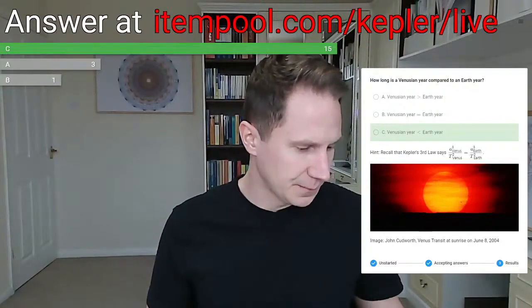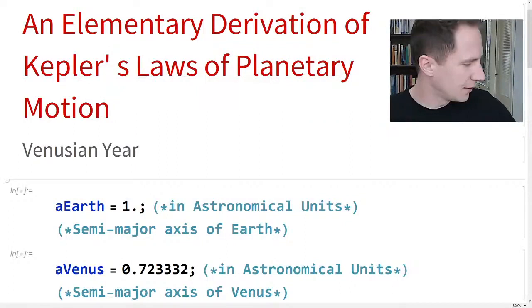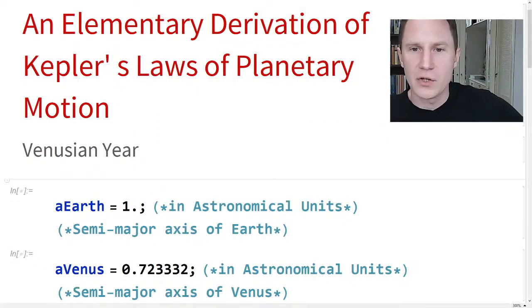So the semi-major axis, the numerator, is going to be a smaller number for Venus. So in order to get the same fraction, you want the denominator, the orbital period, to be smaller, to be less as well, right? So that is all it took to answer this question.